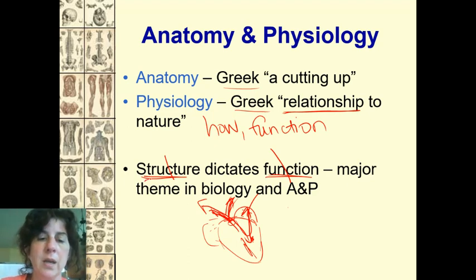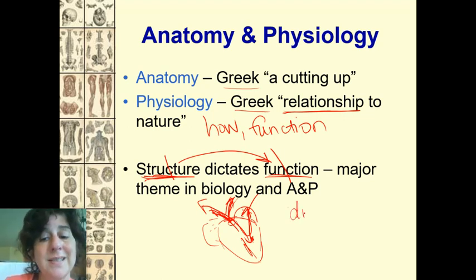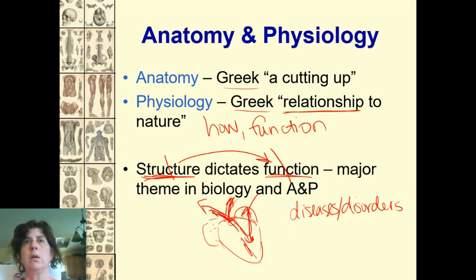So again, structure is going to dictate function, and if something happens to that structure, then the function really isn't going to be correct, and that's what we're going to refer to as diseases. Diseases or disorders, right, is when something is going wrong with the body.